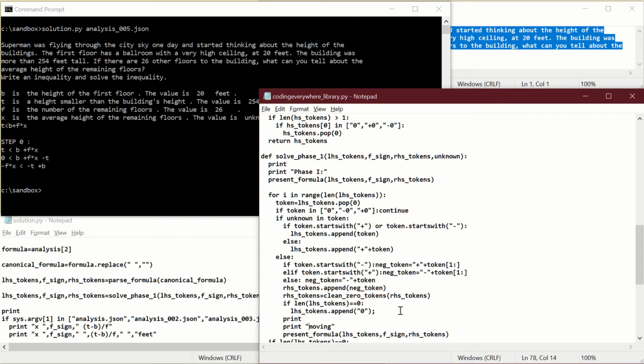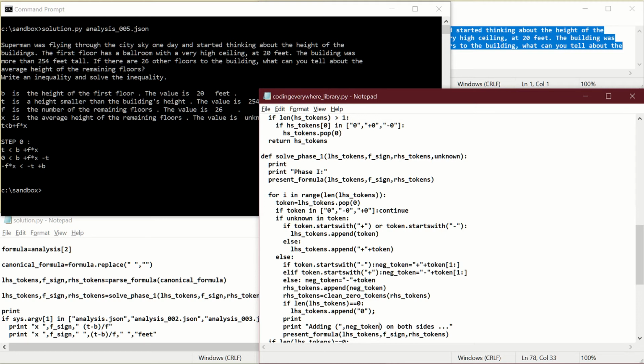moving, adding neg token on both sides. Okay, and I want to print out the negated token.